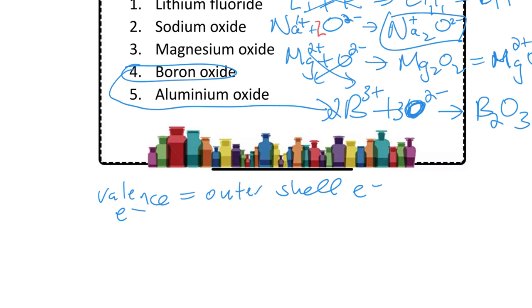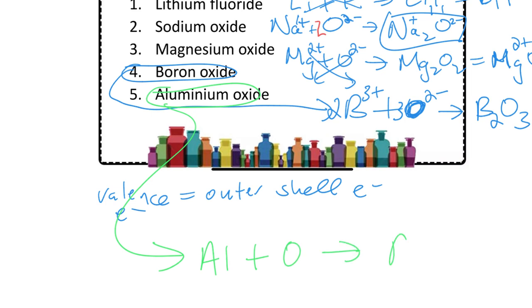Okay, finally, aluminum oxide. It's the same thing because aluminum's in group 3 with boron, if you look at the periodic table. So we have aluminum plus oxygen to form aluminum something, oxygen something.